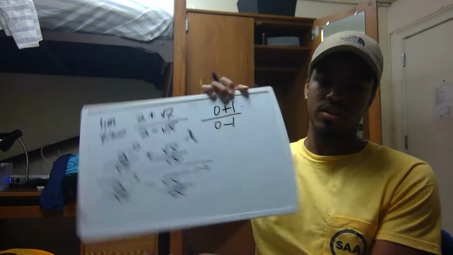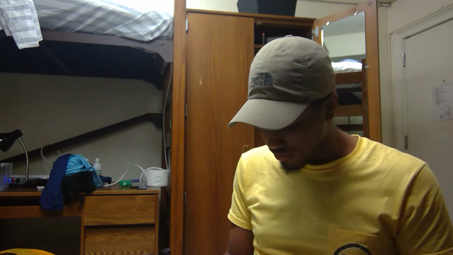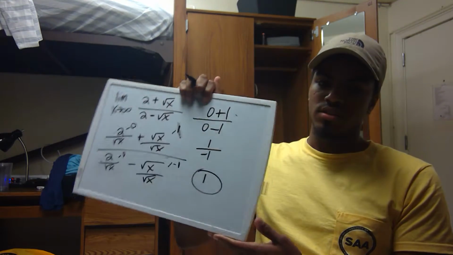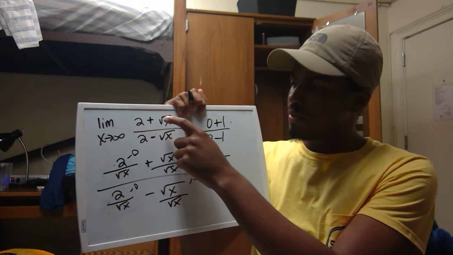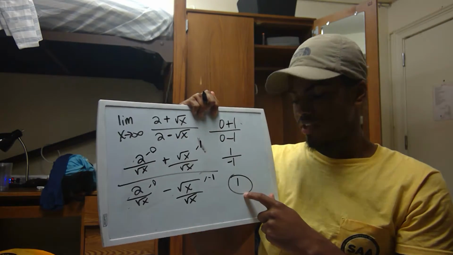So basically, we will end up having 0 plus 1 over 0 minus 1, which simplifies down to 1 over negative 1, which simplifies down to negative 1. So the limit as x approaches infinity of 2 plus the square root of x over 2 minus the square root of x equals 1.